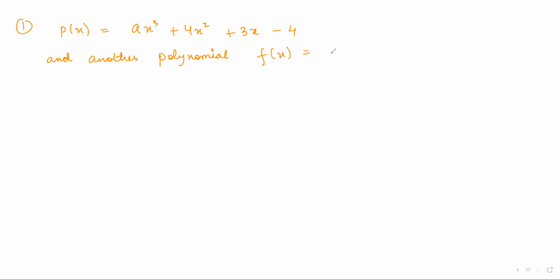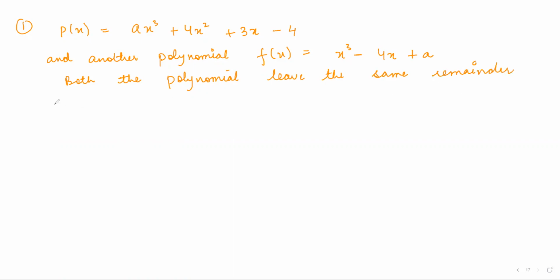This is another polynomial which is x cube minus 4x plus a, right? Both the polynomials leave the same remainder when divided by x minus 3, right? Find the value of a.